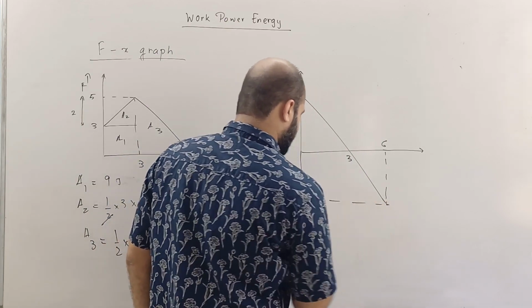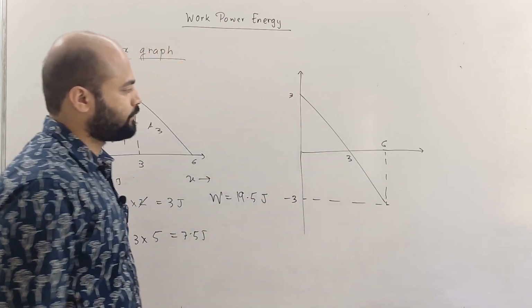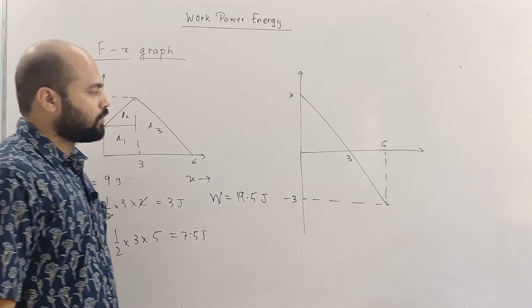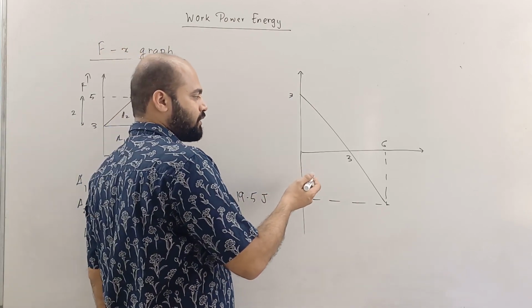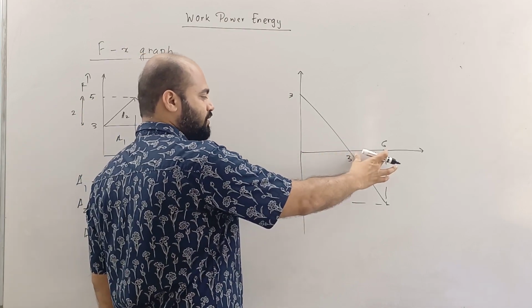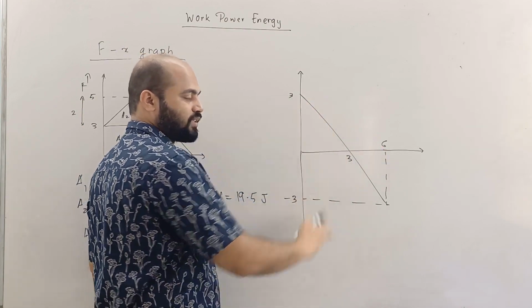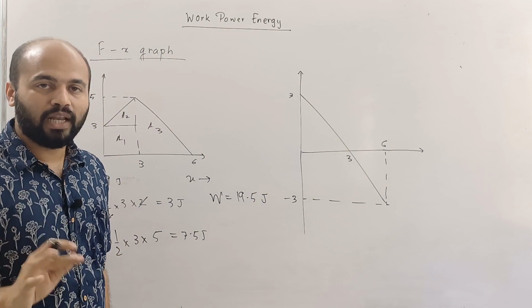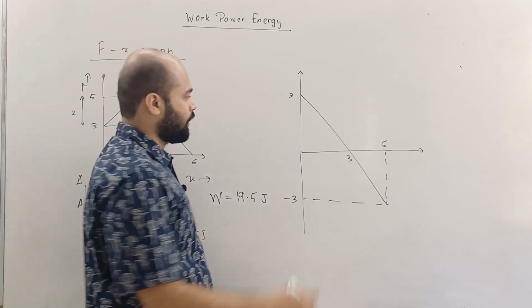Let us also say that this is minus 3. Now, clearly from observation we can see that both the triangles are symmetric. That means the base of this is 3, the base of this is 3. The height of this is 3, the height of this is 3. That means both will have the same kind of area.